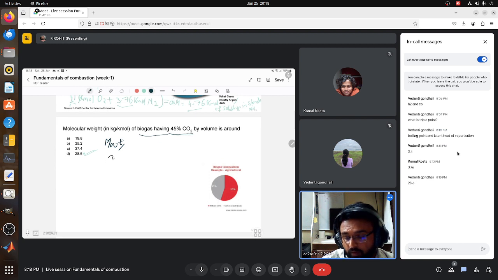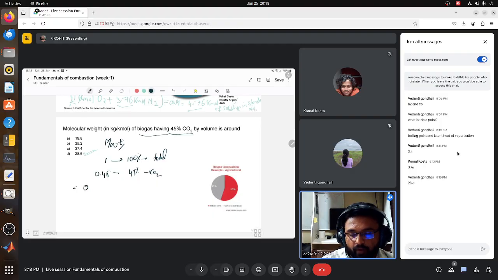For 1 kilomole, say you had 100% carbon dioxide. Now here they are saying 45% of the total is carbon dioxide. So that means you will have 0.45 kilomoles of CO2 present.